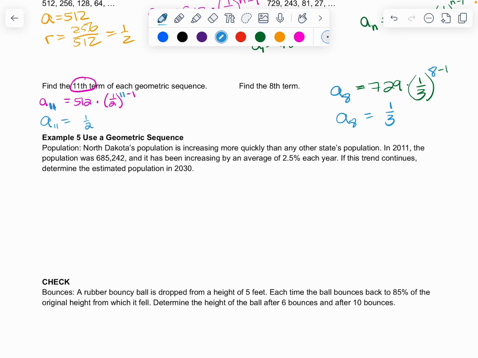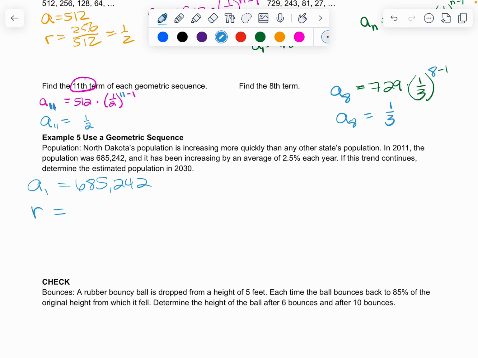And this trend continues. Determine the estimated population in 2030. So our starting, where are we starting at? So our a sub 1, we're starting with 685,242, and our ratio for this one.